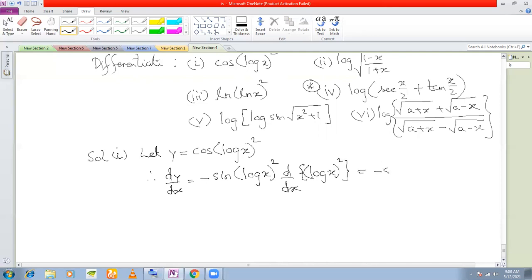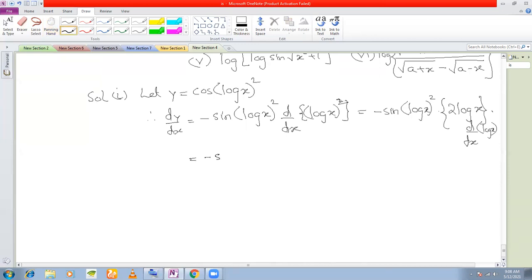Now what is d/dx of (log x) square? It is twice log x. First we differentiate the power, so twice log x, n x to the power of n minus 1, into the d/dx of log x.